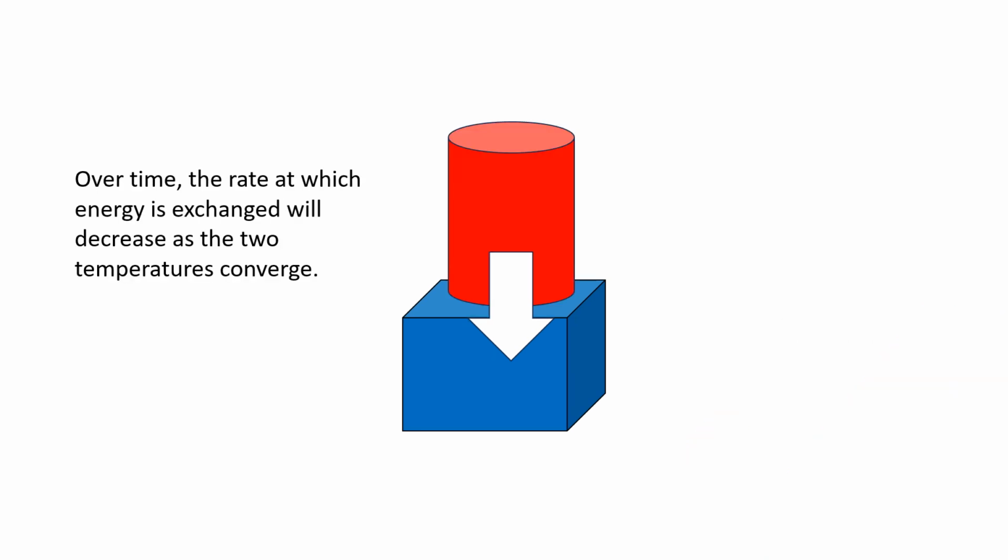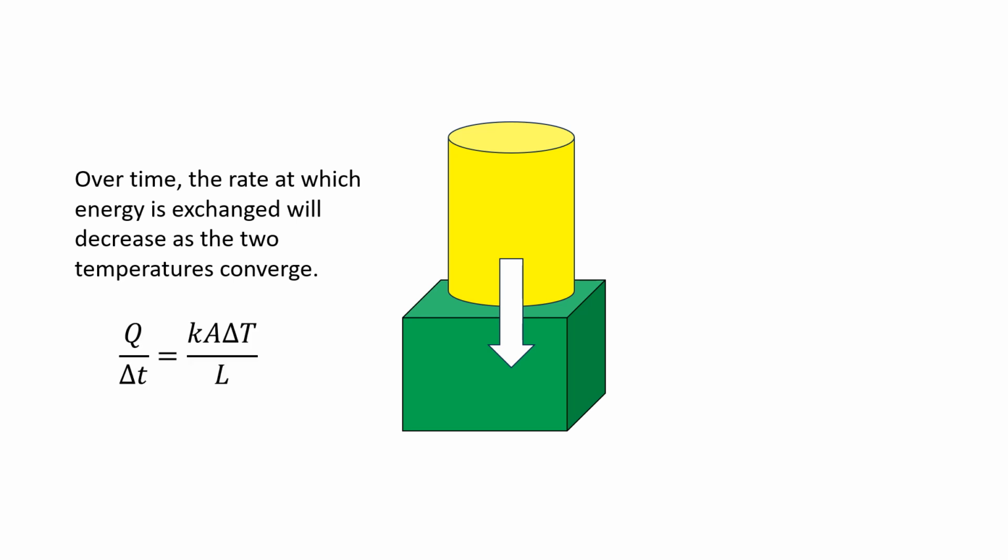We know from previously that over time, the rate at which energy is exchanged is going to decrease as the two temperatures get closer and closer together. Initially, heating is going to occur rapidly. Then over time, as the temperatures become closer and closer together, the rate of energy transfer will decrease.